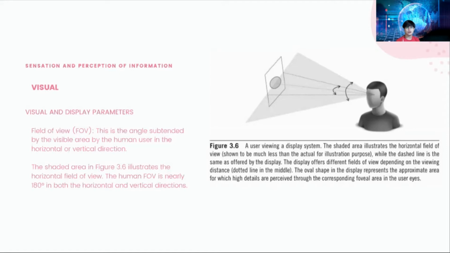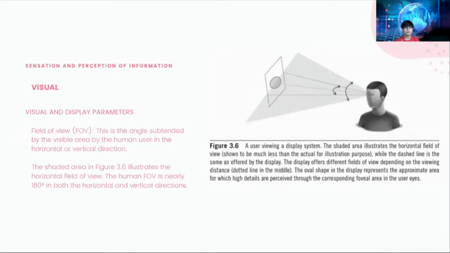The human field of view is nearly 180 degrees in both the horizontal and vertical direction. As you can see in the figure, a user viewing a display system. This is a sample of a display system. The shaded area illustrates the horizontal field of view.